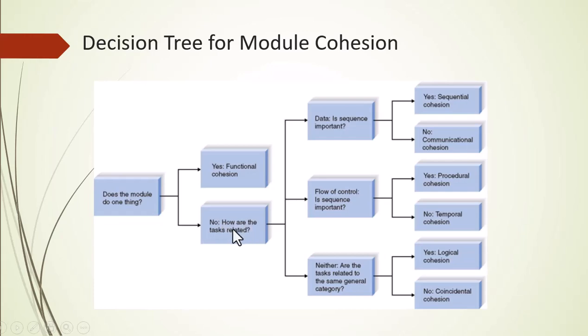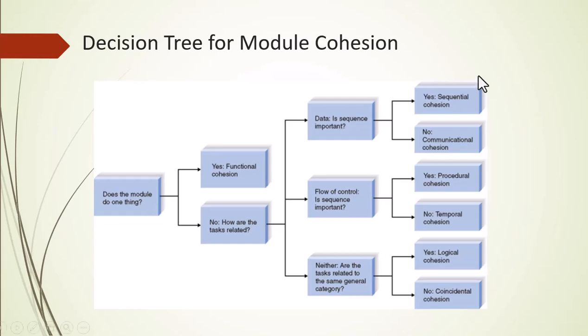So we will check how the tasks are related. This means the module is not doing one thing. So three possibilities. The first is related to the data. Is the sequence important in the data?